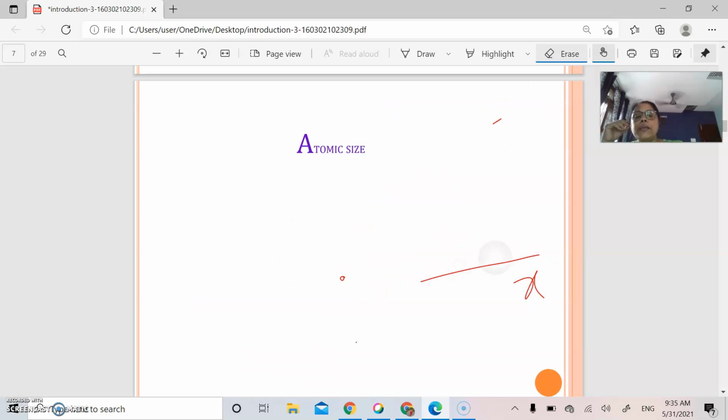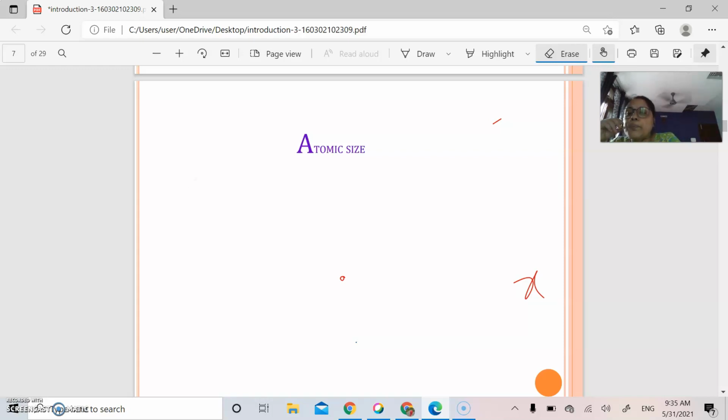So if the shielding effect is small, then the effect of the nucleus on the outermost electron will not be stopped.